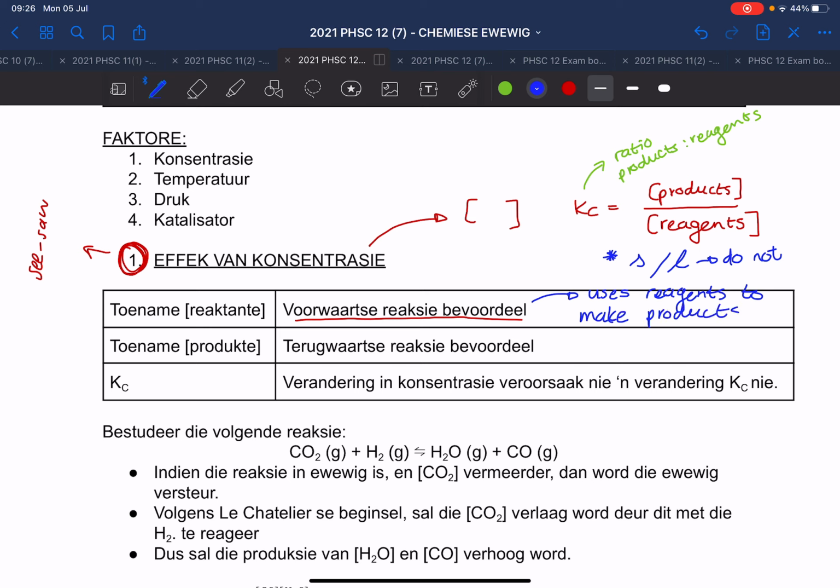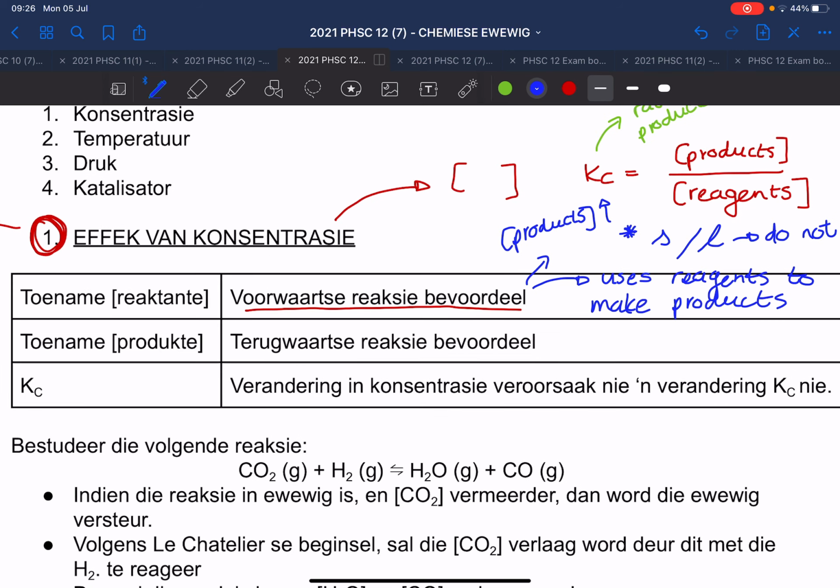Dit gebruik reagente om produkte te maak. Okay? So that means the concentration of the products is increased. Die konsentrasie van die produkte word meer. Okay, and we say the forward reaction is favored. So what happened? This, and then it used this to make more products, and the forward is favored.